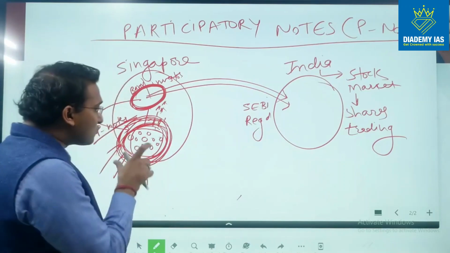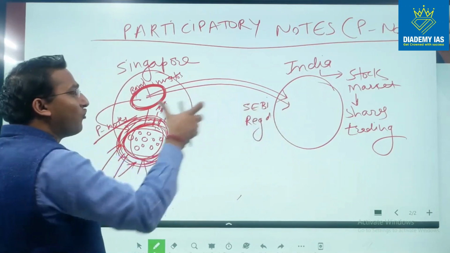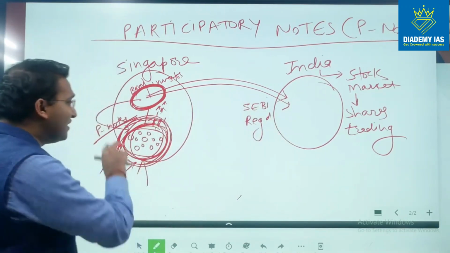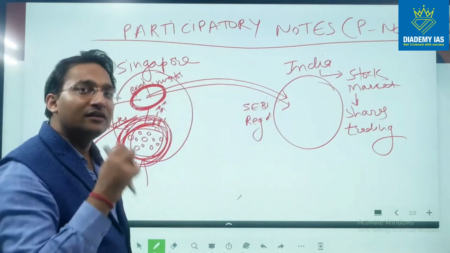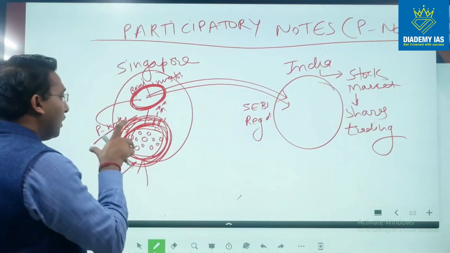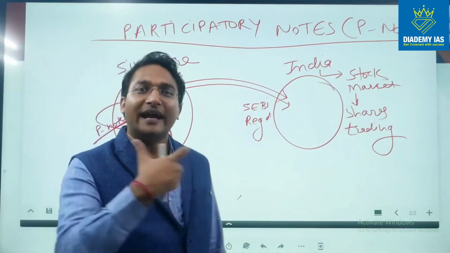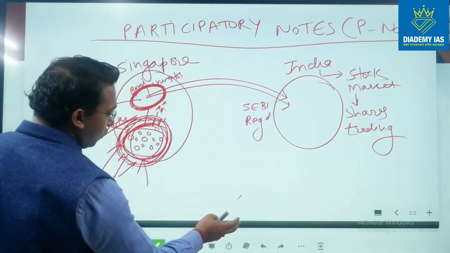The good thing is that small investors get an opportunity to invest into India, and India also gets a lot of foreign exchange. The negative point is, number one, the profile of these individuals is not known to India's authorities, so that becomes a concern. The second problem is that they are a source of hot money, so they can withdraw the money at any point of time, right? So this is about the participatory notes.